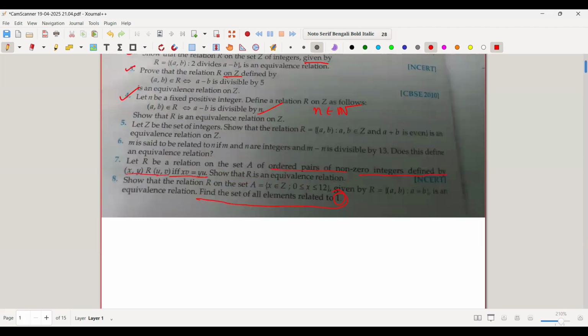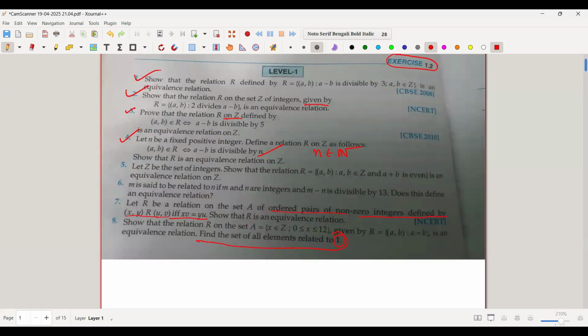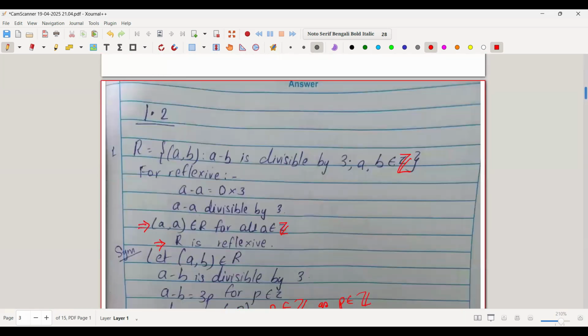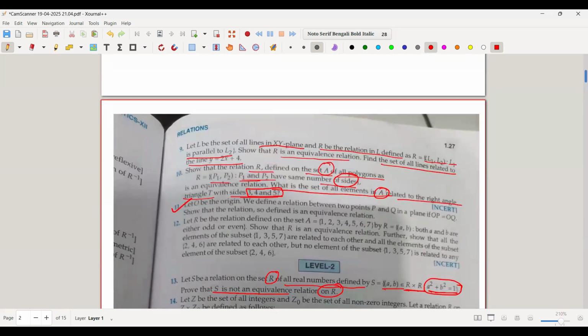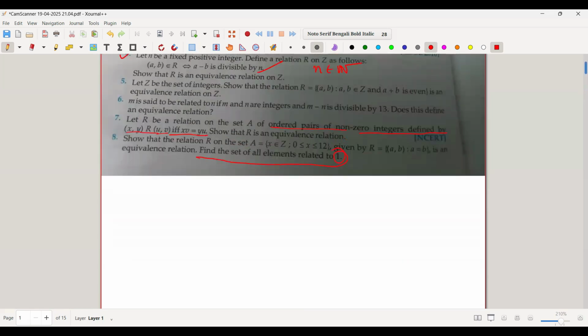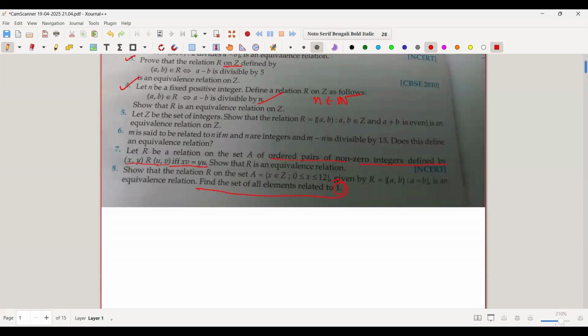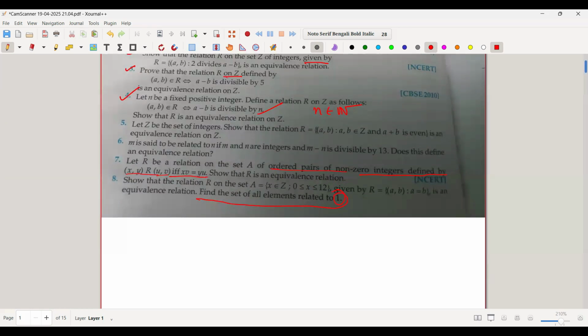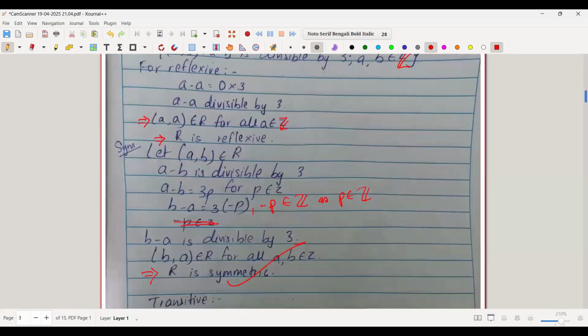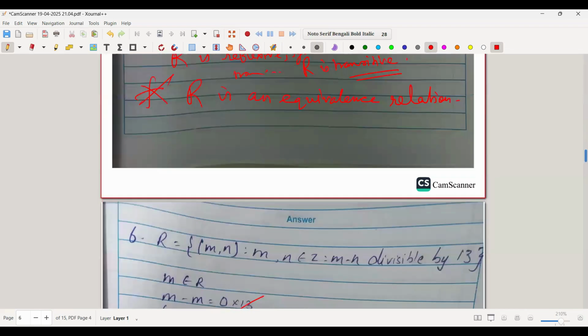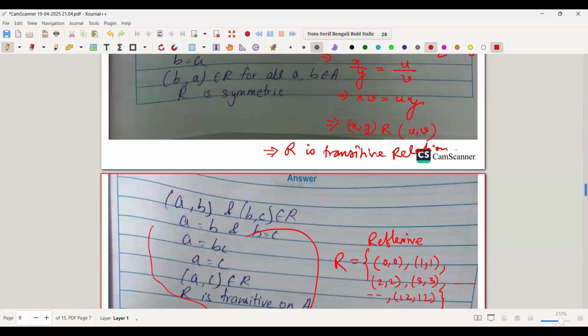So here it is the same as this problem. And where was this problem? This one, xy equal to yx. But in this problem number 7, both the sets were non-zero integers, and here one is integers and one is non-zero integers.